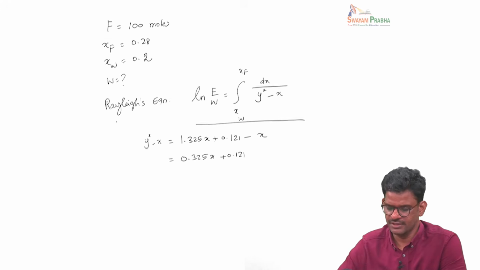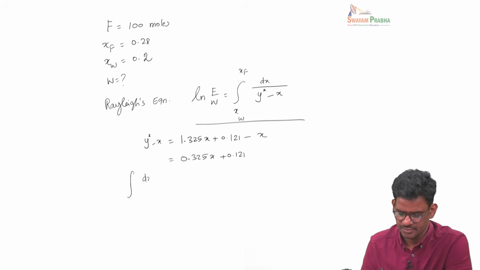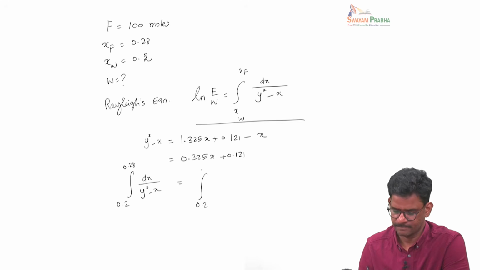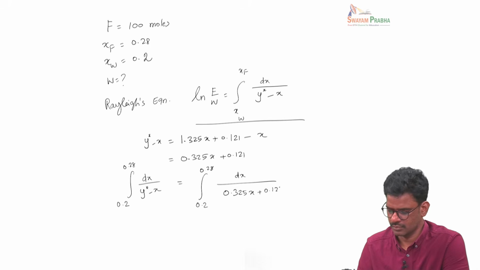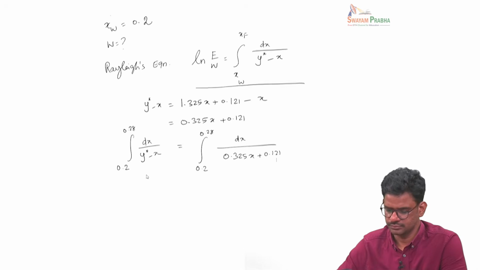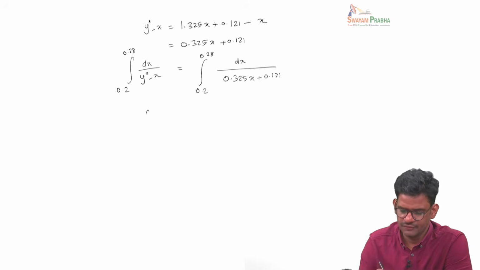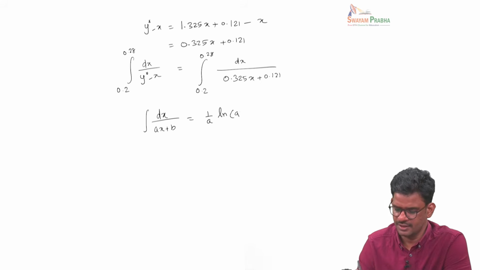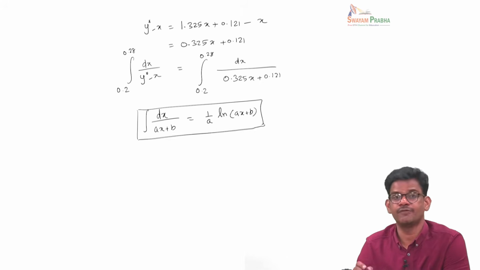Okay, so now we are going to integrate this dx by y star minus x in the limit of 0.2 to 0.28. Here we will use the formula that the integral of dx by ax plus b is 1 by a ln of ax plus b. So this is the integral formula for the integration.